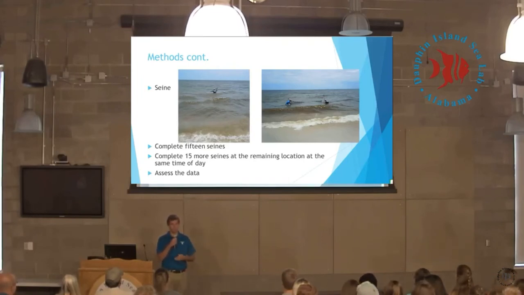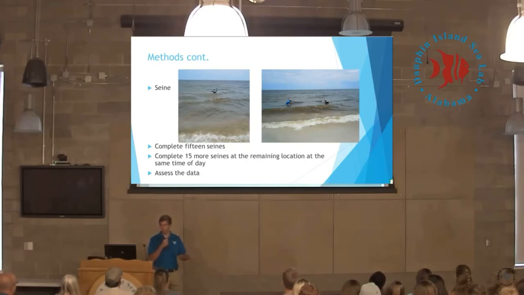You want to keep the weights under the water so that they brush the floor and you can maximize your catch. The goal is to move in unison and flip the net when you get on shore. I completed 15 seines at each location, and the next day I did 15 more seines at the other location at the exact same time.